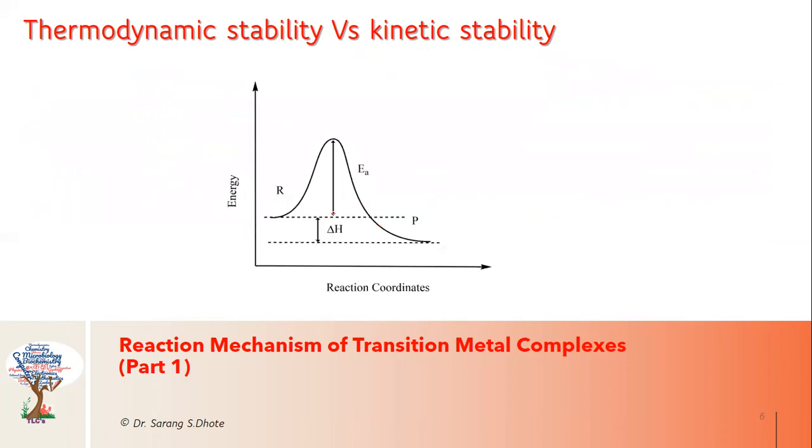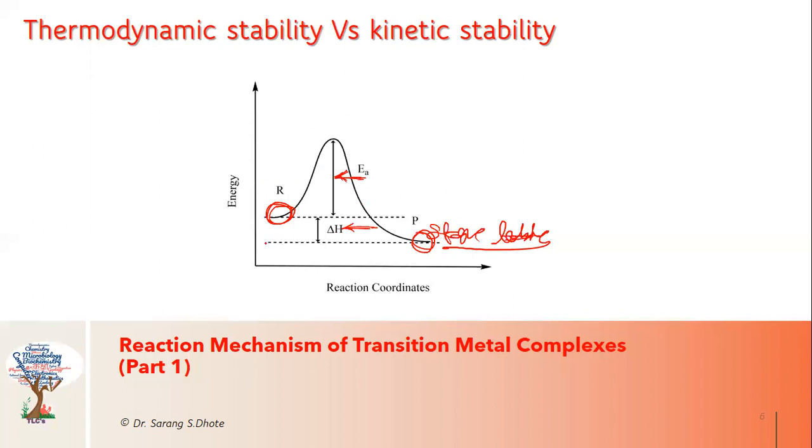Now this is the graph. This is known as the energy of activation. This is the enthalpy. In this case, the product has less energy as compared to the reactant. So according to thermodynamics, this is a very stable product.